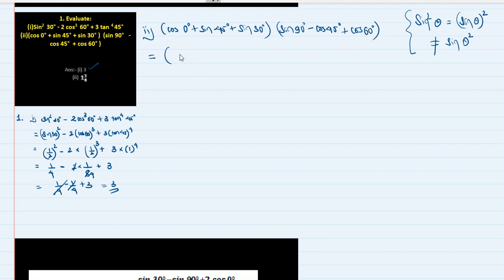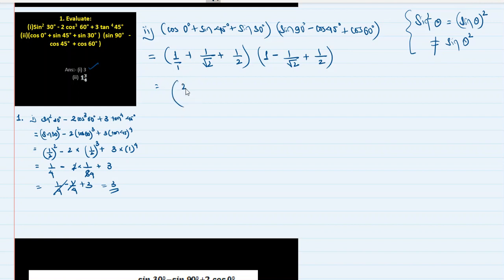Cos 0 is 1. Sin 45 is 1 by root 2 and sin 30 is 1 by 2 multiplied by sin 90 is 1 minus cos 45 is 1 by root 2 and cos 60 is 1 by 2. Okay, let's take LCM over here. The LCM will be 2 root 2.